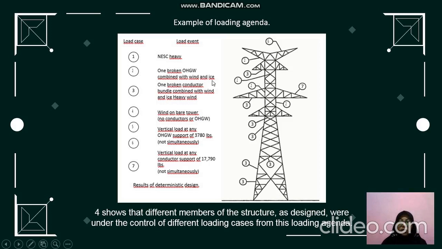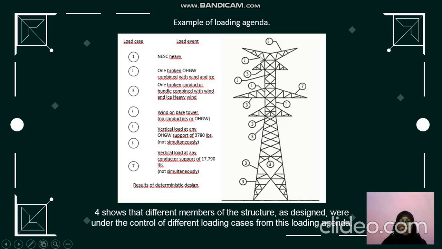Number three, bundle combined with wind and ice heavy wind. Number four, wind on bare tower or no conductors.